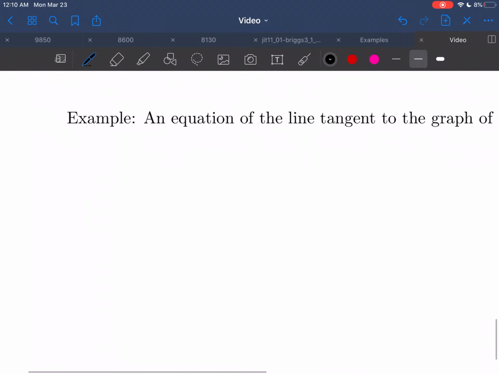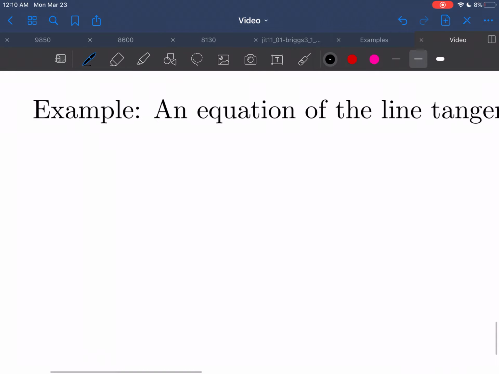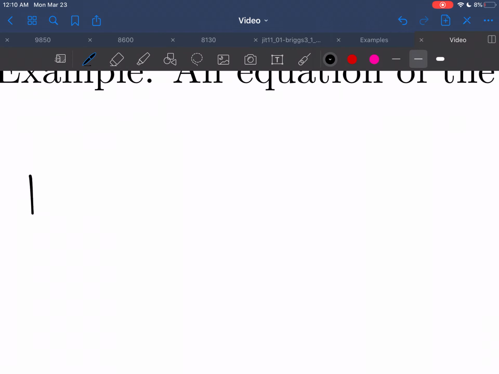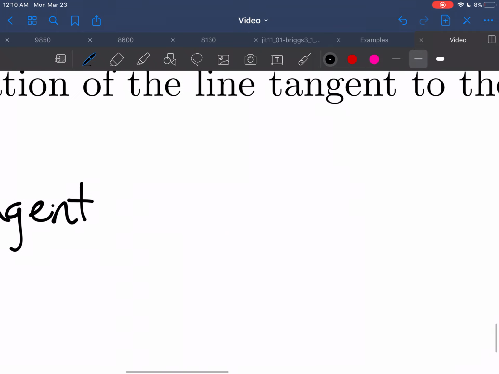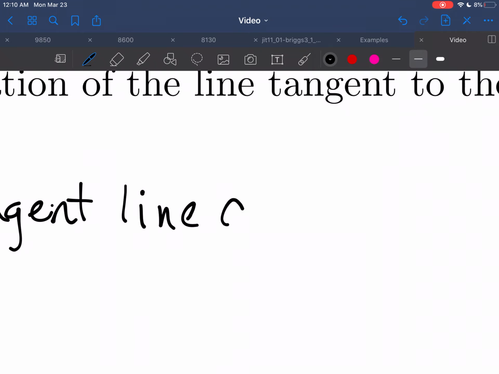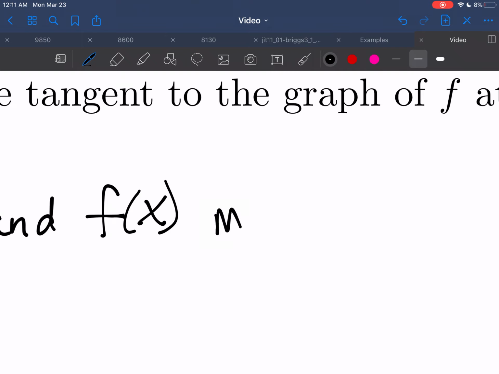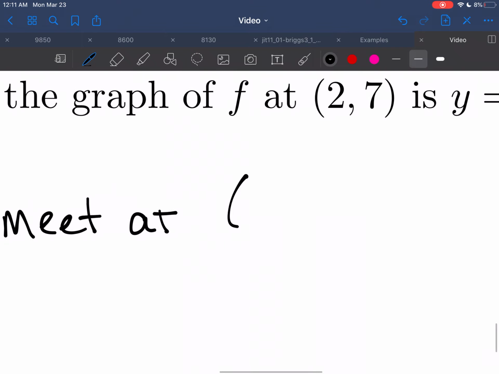So remember, two things to note. Okay, so note. The tangent line and f of x meet at a, f of a.